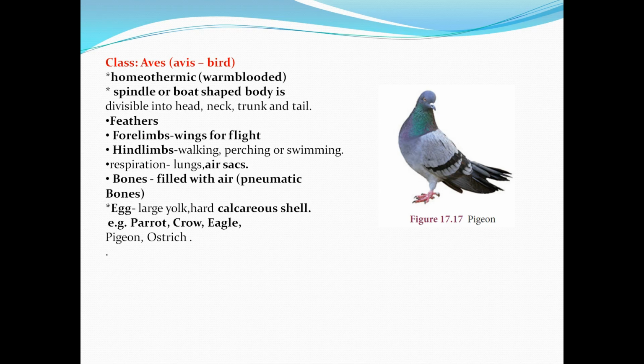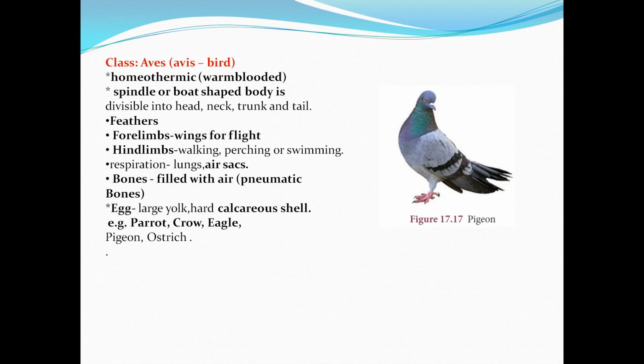You know what is walking and swimming. What do you mean by perching? They can hold the branch of the tree very firmly, by which they can even sleep in that position. And they respire through the lungs, which have air sacs. These air sacs make the body of the bird very lightweight, and this feature helps them to fly in the air.